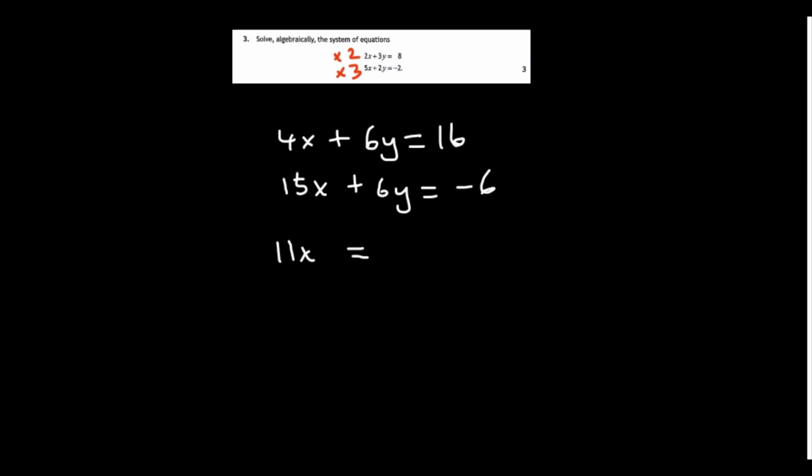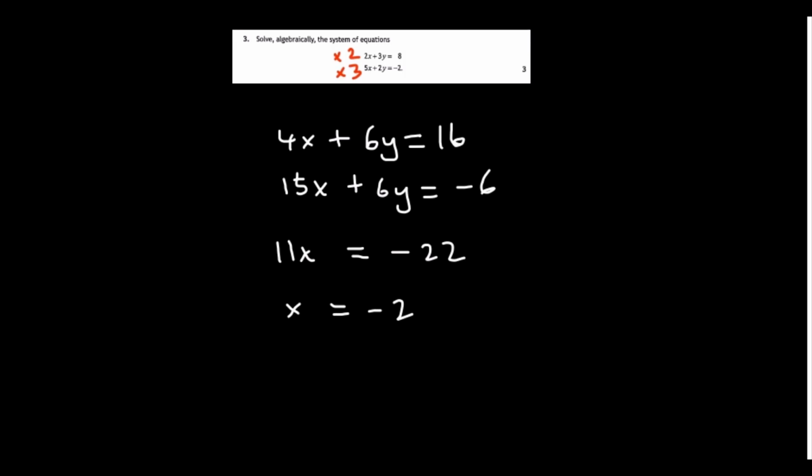So the first equation becomes 4x plus 6y equals 16, and the second one becomes 15x plus 6y equals minus 6. And then if we subtract the first equation from the second equation, the left-hand side would be 11x equals, and then the right-hand side, so the y terms just cancel, and the right-hand side would be minus 6 minus 16, so that would be minus 22. And then that gives x equals minus 2.